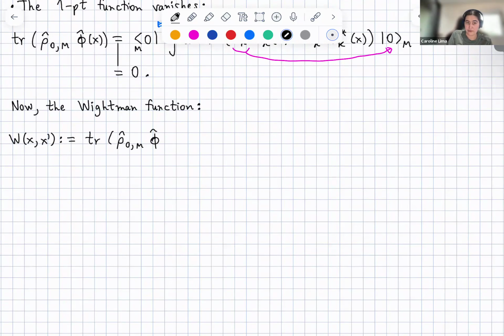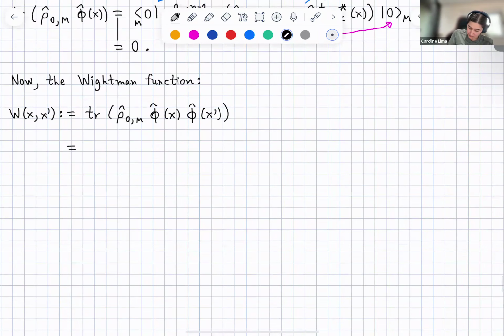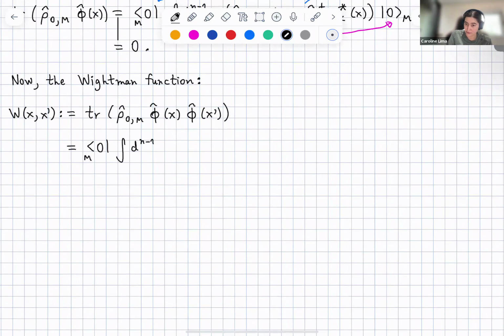And that is going to be phi of x times phi of x prime. Okay, and let's write this. So I have the Minkowski vacuum here. Then I'll have some integral over k, then some other integral over k prime.